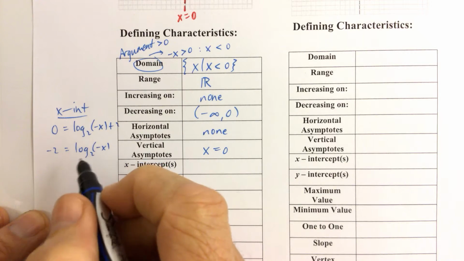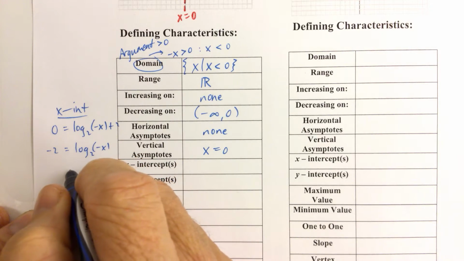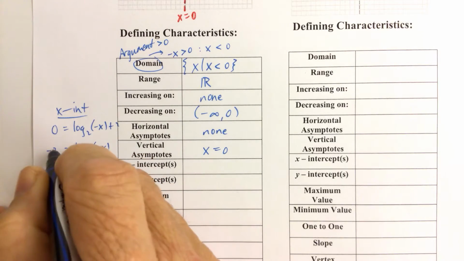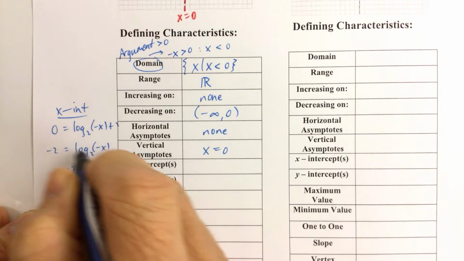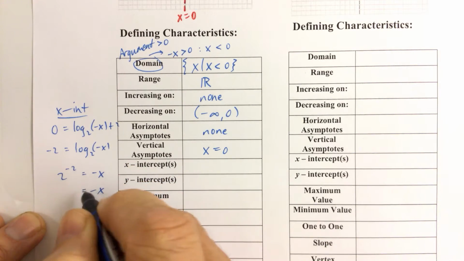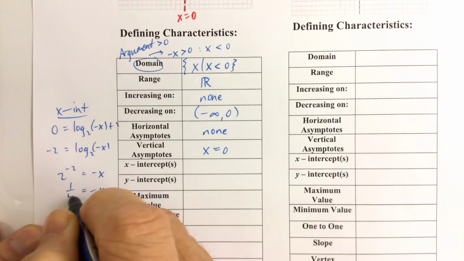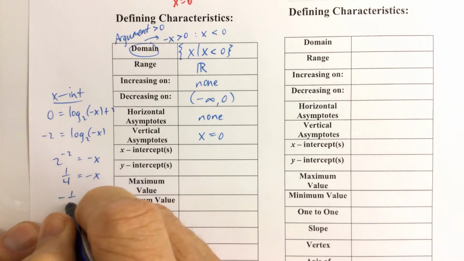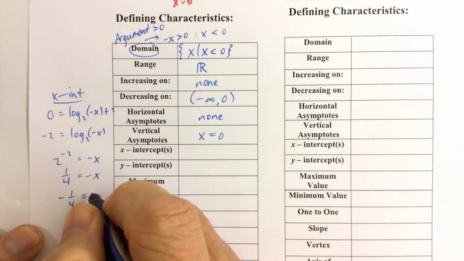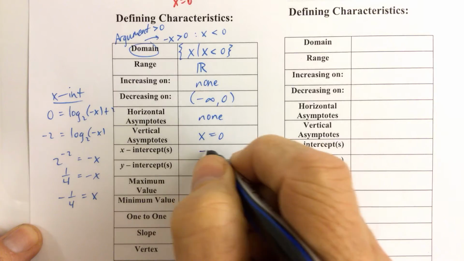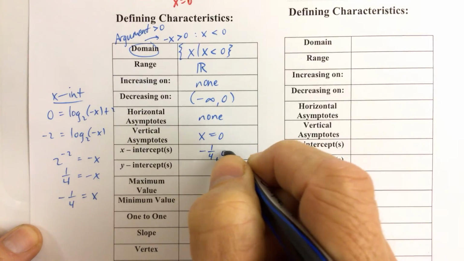So we're going to unlock it by converting this equation to exponential form. Base raised to the exponent is equal to negative x. So negative x equals 2 to the negative 2. That's 1 over 4, 1 over 2 squared. And if we divide both sides by negative 1, we get x is equal to negative 1/4. So that's our x-intercept, (negative 1/4, 0).